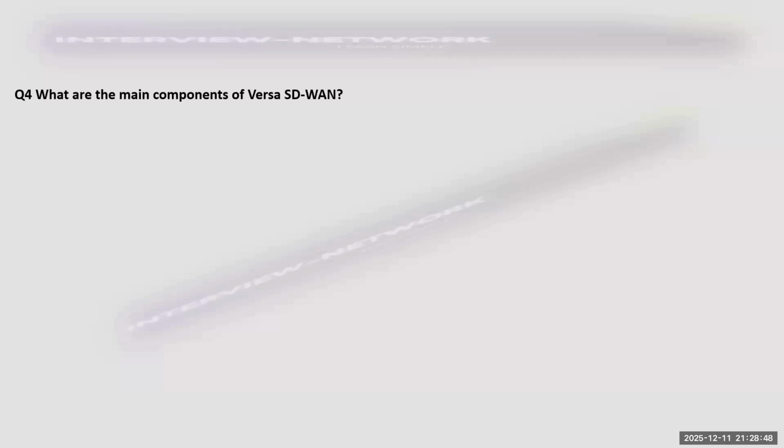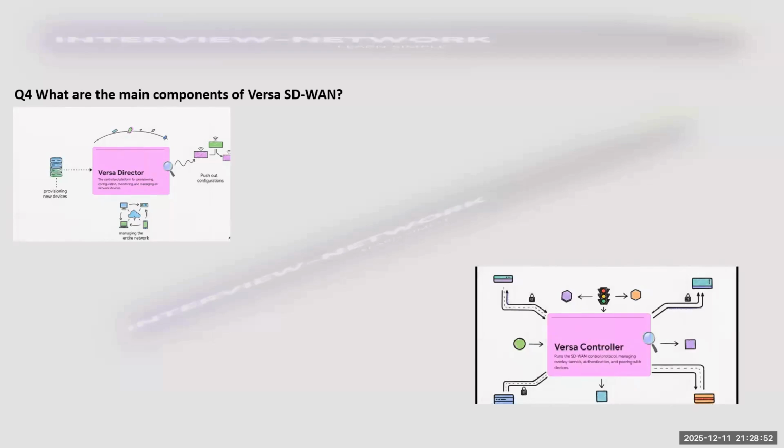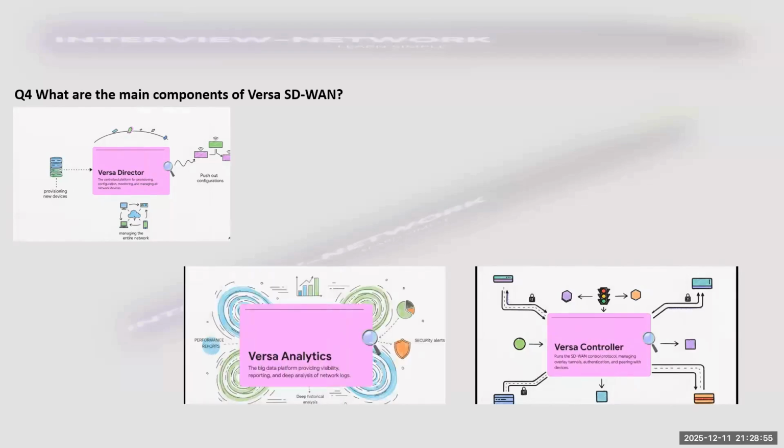What are the main components of Versa SD-WAN? Number one is Versa Director. Number two is Versa Controller, and then we have Versa Analytics. Each component performs different functions. For example, Versa Director is a centralized management platform where you can manage the entire network, push the configuration, and also provision the new device. Versa Controller runs on the SD-WAN as a control protocol, managing your overlay tunnels, authentication, and peering with other devices.